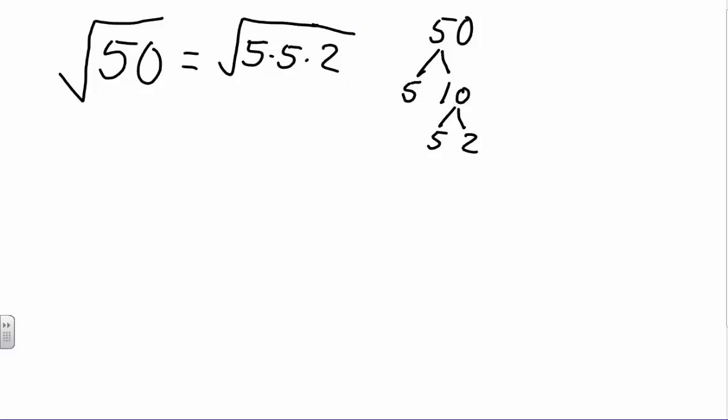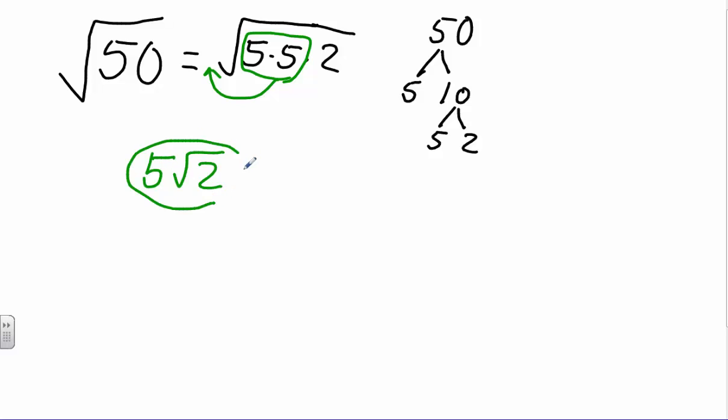Now again, we're only dealing with square roots for this lesson. So again, do any numbers show up twice, aka are there couples? So 5 shows up twice. When we take the 5 outside of the square root, we're going to get 5 square root of 2.